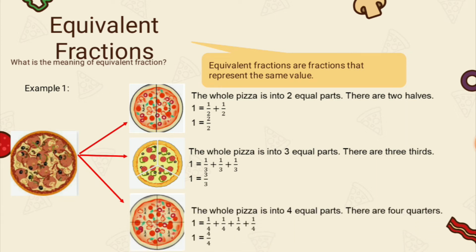The whole pizza is divided into 4 equal parts. There are 4 quarters. 1 equals 1 quarter plus 1 quarter plus 1 quarter plus 1 quarter. 1 equals 4 quarters. 1 and 4 quarters are equivalent.